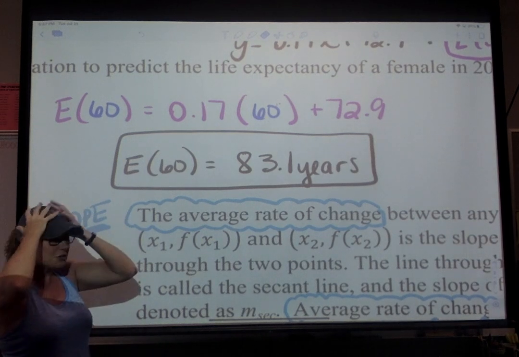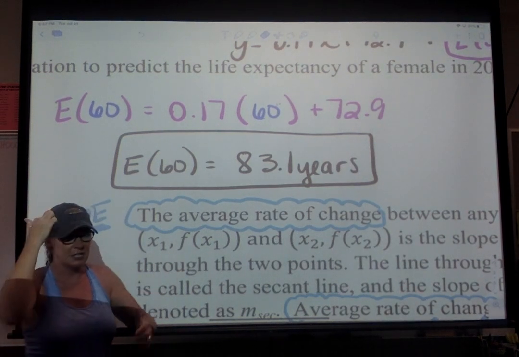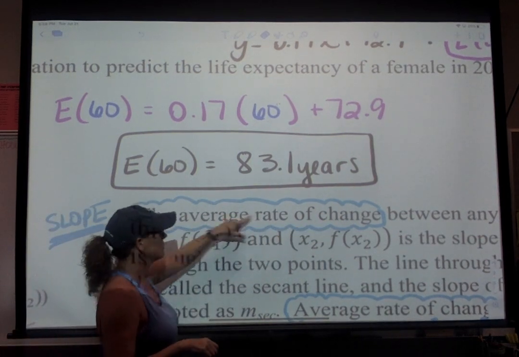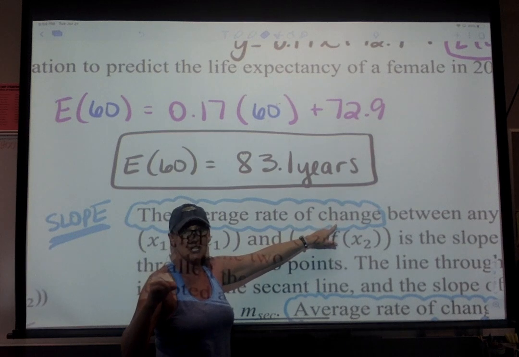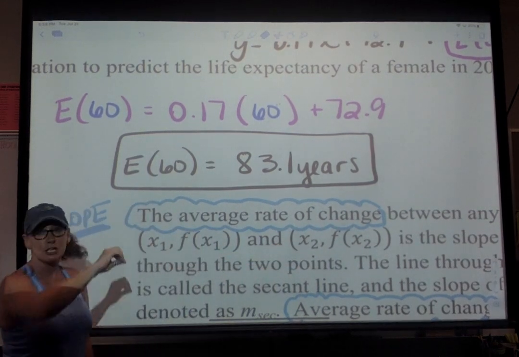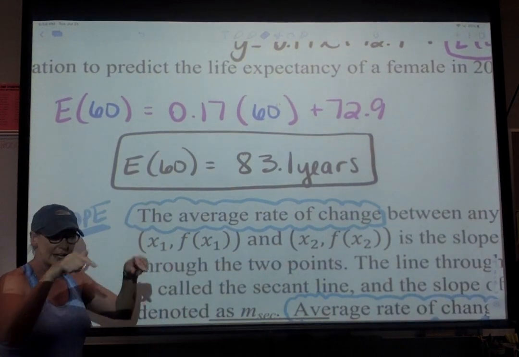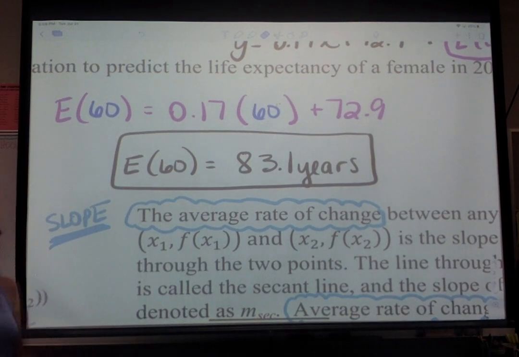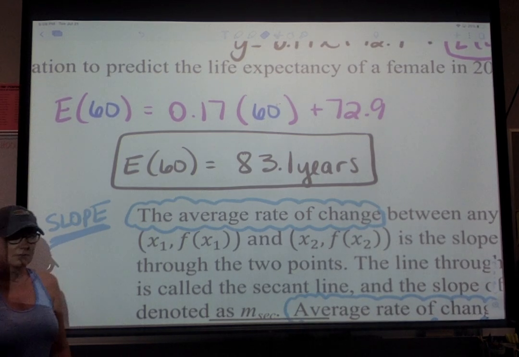So what I need you to do is lock this correlation into your brain. I want you to highlight or put a cloud around average rate of change and out to the side write slope. Right now. Do it. Cloud, slope. Got it?